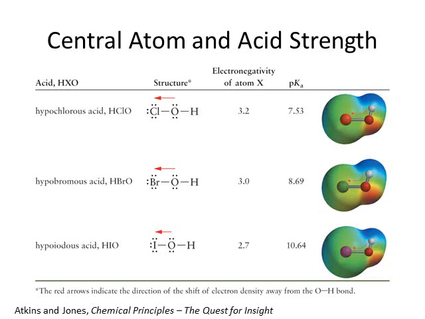Therefore, as the electronegativity of the central atom increases, more of this electron density is withdrawn from the hydrogen, as you can see from these maps. More and more electron density is withdrawn, and therefore the acid strength is dependent on the electronegativity of the central atom in this way.